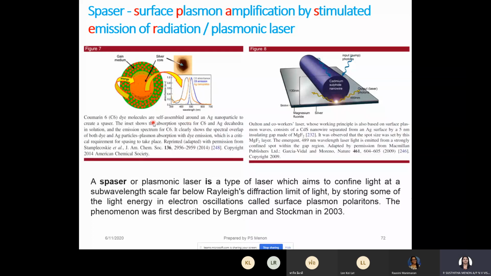Okay, so it's the absorption spectra for C6 and Ag, and the overlap between the two causes the emission of the laser. So this is a spacer. All right, surface plasmon amplification by stimulated emission of radiation.